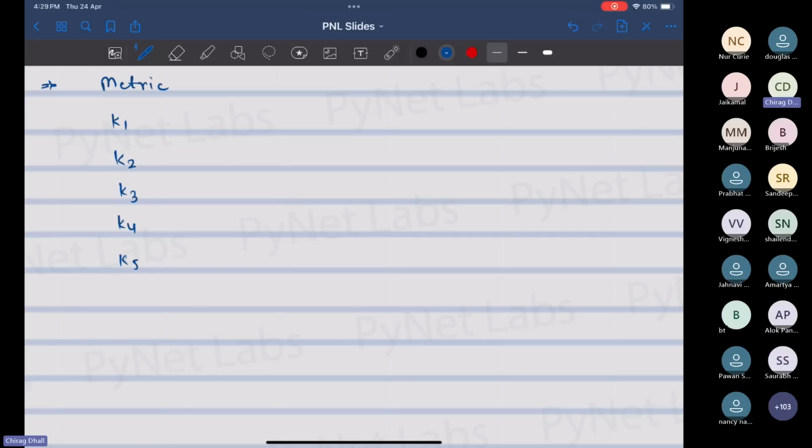By default, the value for K1 and K3 is considered as 1, and the remaining are considered as 0. Along with that, it also considers bandwidth, load, delay, maximum transmission unit (MTU), and reliability.